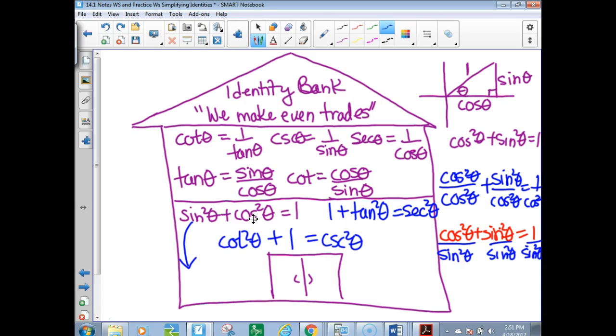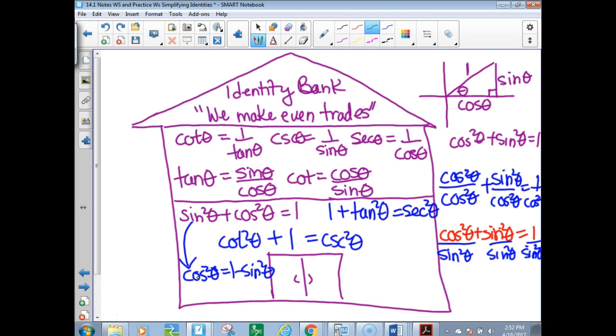You can always mess with this one as well. What if I wanted cosine alone? What would I do? You're not sure? How would you get cosine squared alone? Subtract the sine squared. So cosine squared is 1 minus sine squared. Could I get another one from that?